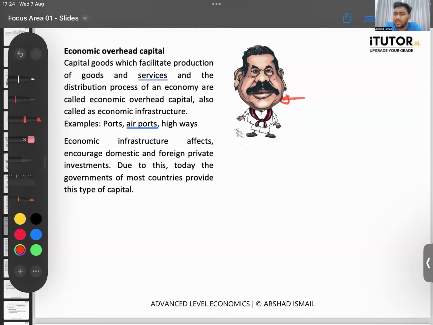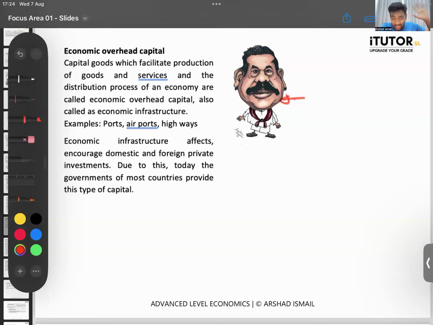Why do you build economic overhead capital? Why are highways and these expressways important, like the Katunayake expressway, the Galle to Colombo one, which is extended until Hambantota? Because only if you have this economic overhead capital will investments come into the country.